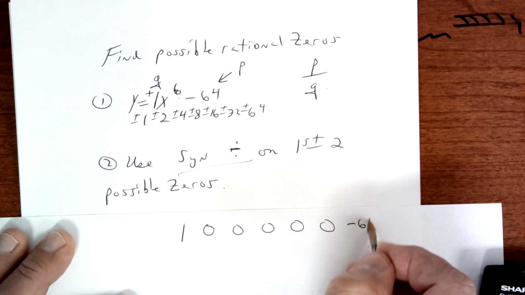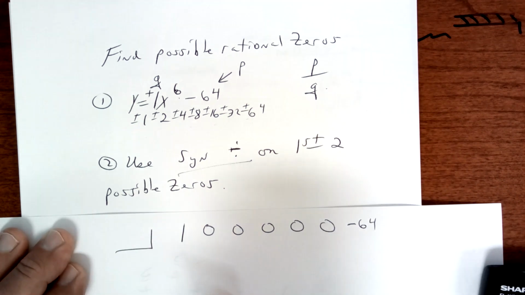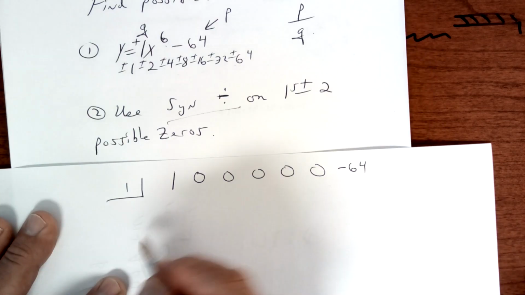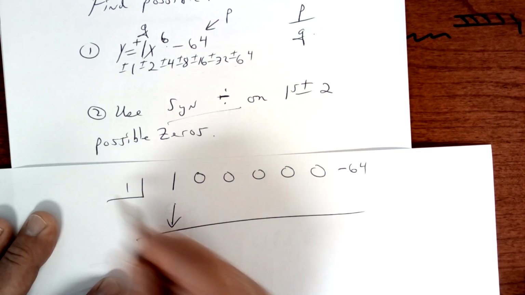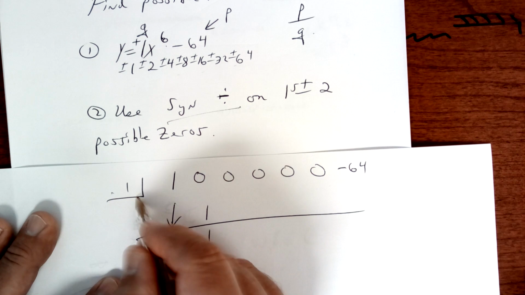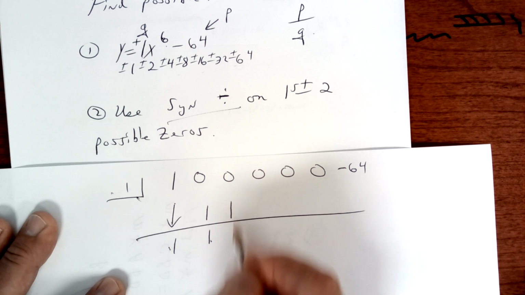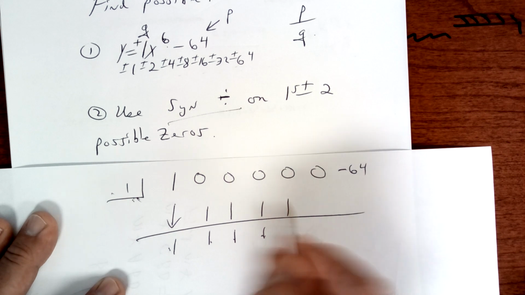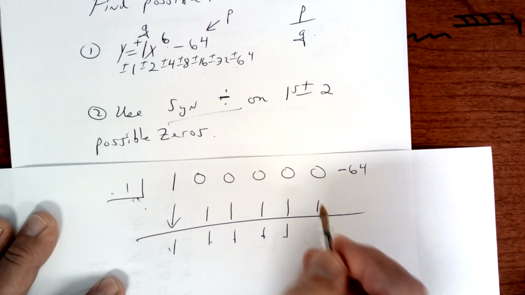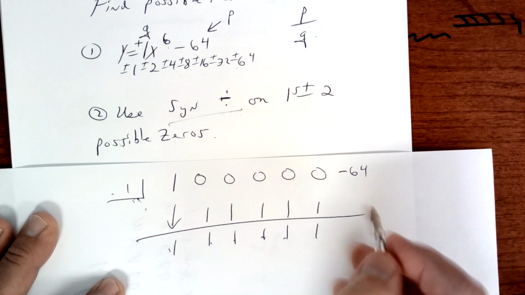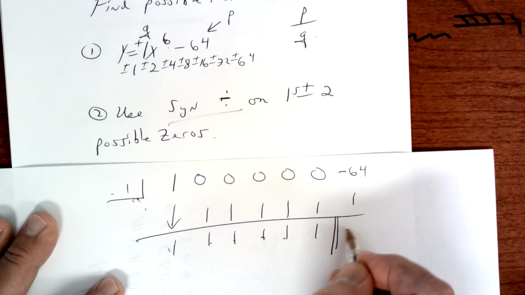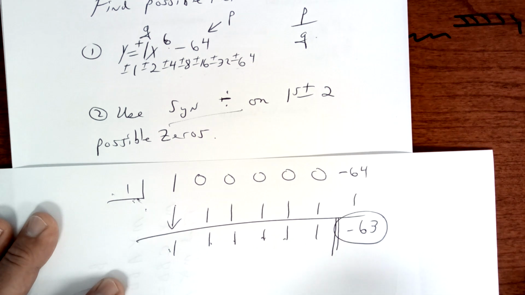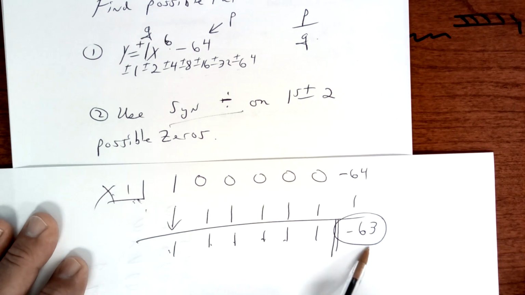So write that down, and then I want you to do synthetic division on 1. Remember the process. Bring it down, multiply. And you just keep doing this. Okay? And then 1 times 1 is 1, so you're going to get a negative 63. And this one right here is not a 0 because it doesn't end in a 0.